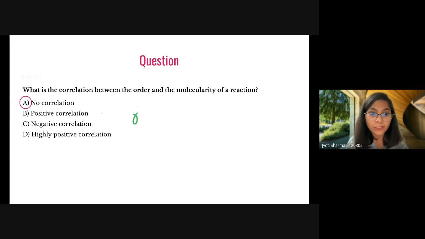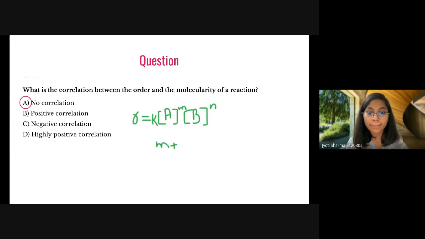Okay, so this R is equal to K, the rate constant for the reaction, times the concentration of A to the power m, times the concentration of B to the power n. Here m plus n is giving you the order of the reaction.